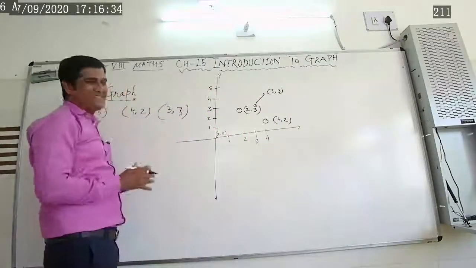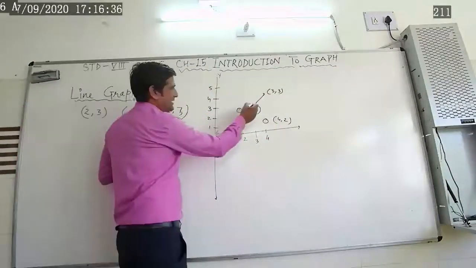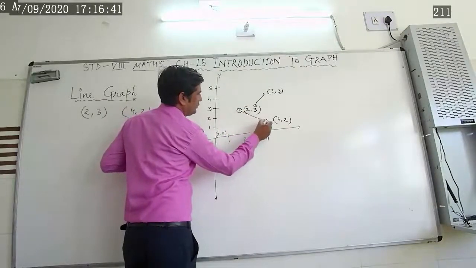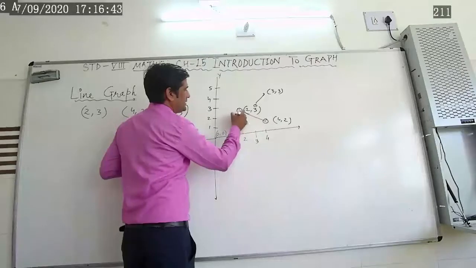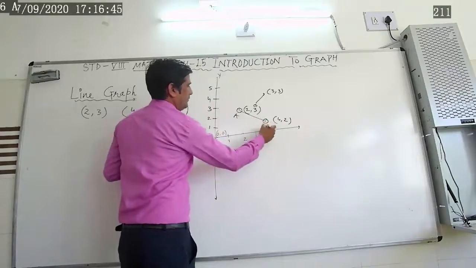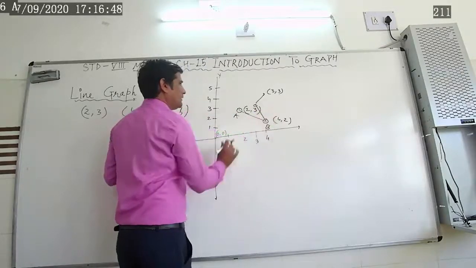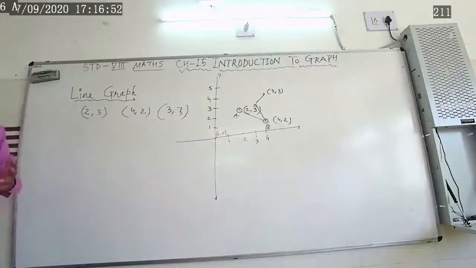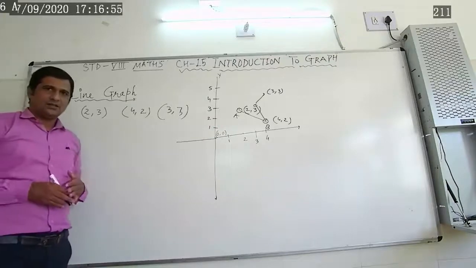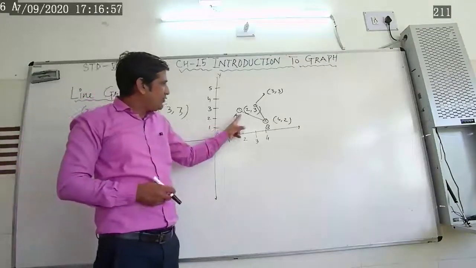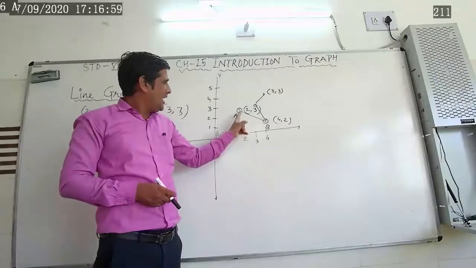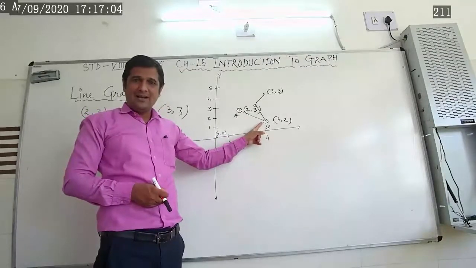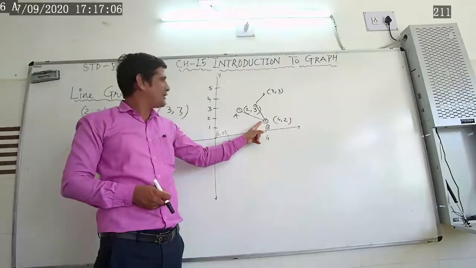So whatever the points I have drawn, with the help of a scale I have to join them. Firstly point 1, then 2. This is A, B. So this representation, in which the different points in a plane are joined by a line, is called a line graph. What do we call this?